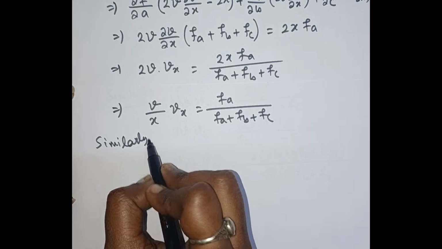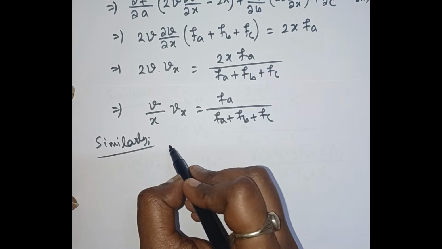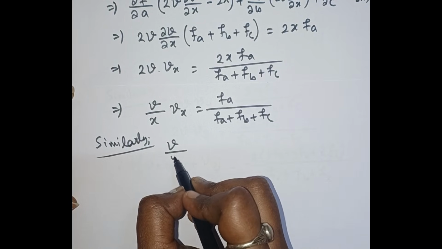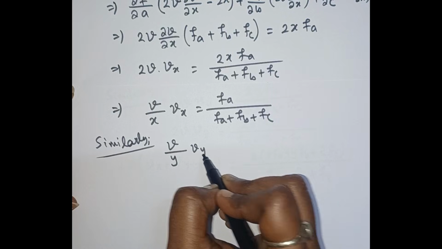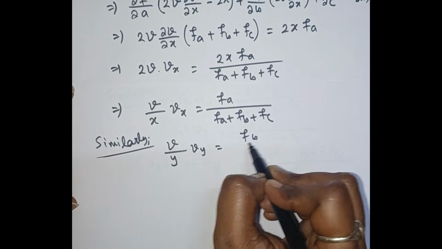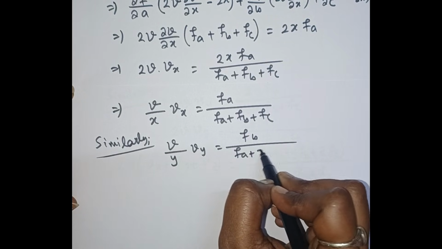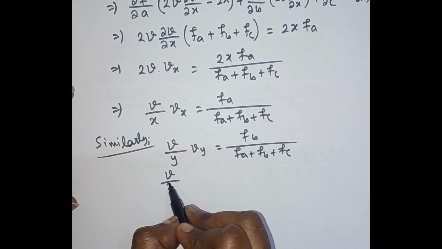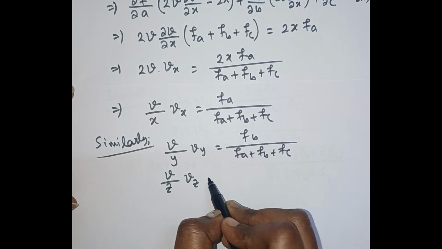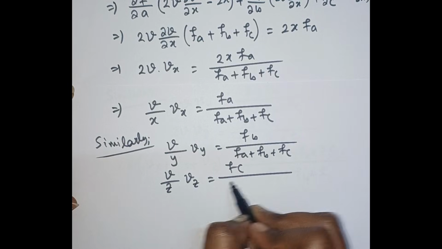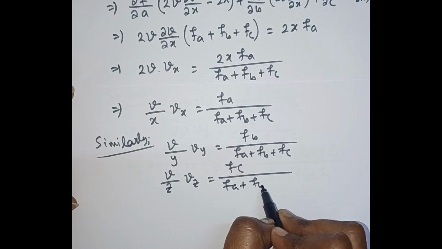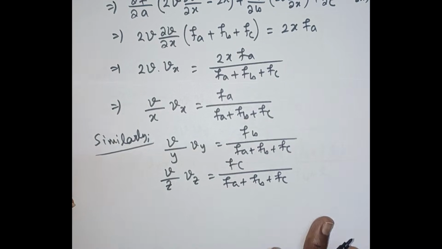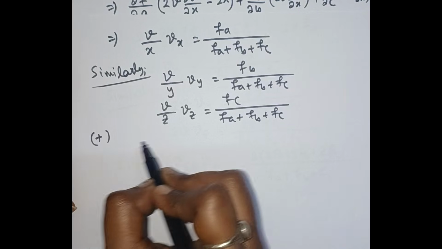So we have taken 1 by x vx into v equal to this. And similarly, since the function f is a symmetric function, we can write v by y, vy equal to fb by fa plus fb plus fc, and similarly v by z, vz equal to fc by fa plus fb plus fc. We do not need to do all the cases, only one case is enough.